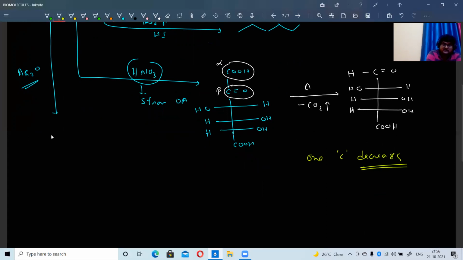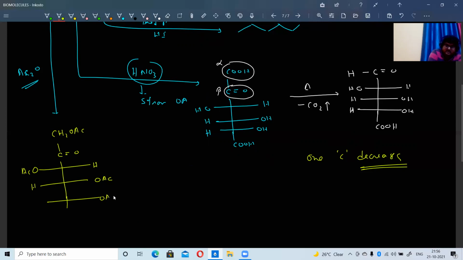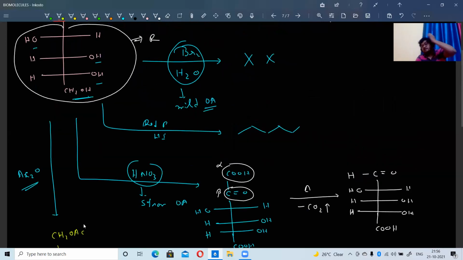So can I write CH2OAc, C double bonded O, HOAc, OAcH, OAcHCH2OAc. Now remember only one case. What is the distinguishing test between glucose and fructose? Bromine water reacts with glucose but does not react with fructose.